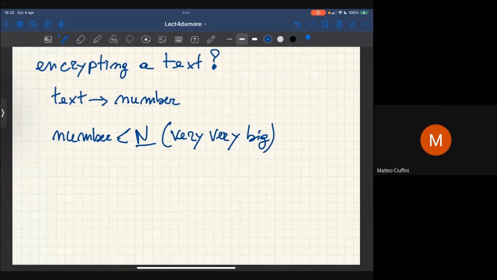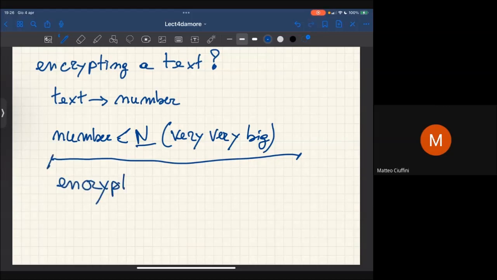And the next topic is related to the fact that if we are encrypting by the private key, is this useful?